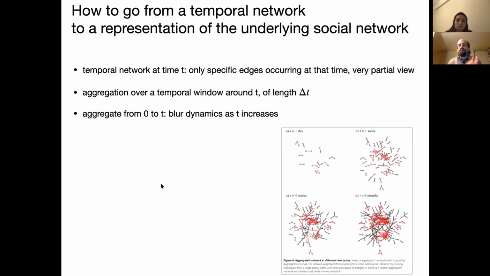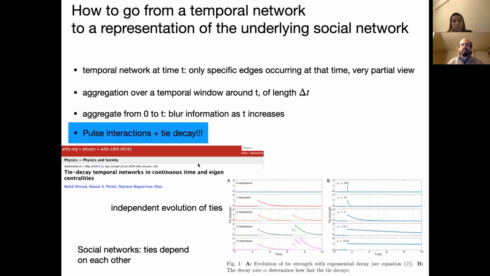If you aggregate from 0 to a certain time, as your time window increases, you are blurring the dynamics, you are losing information about what happened. So it's interesting to try to bridge this gap between the temporal network itself and a better representation.